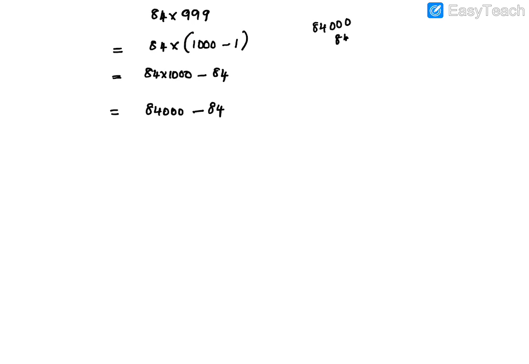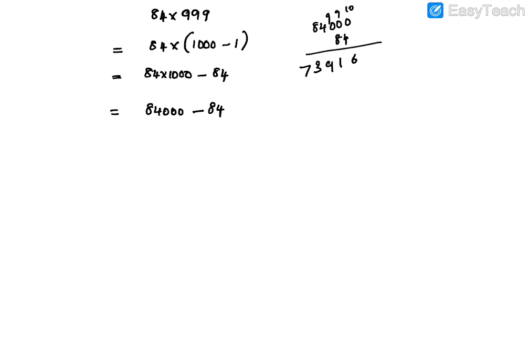Here 10, here 6, here 9, 1, 9, 9, okay, 3, and 7. I think 73,000 something will come. So 73,916.